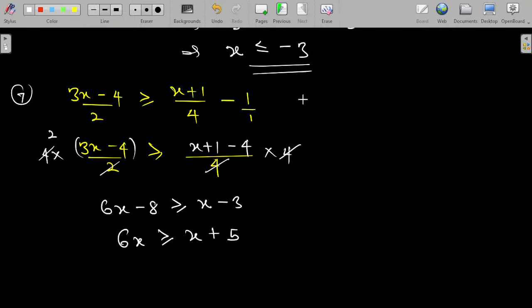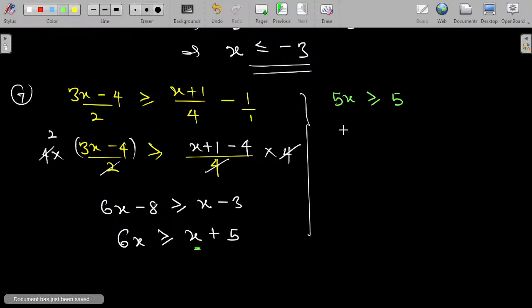Right, so let's try to finish up here. And then here they now said subtract x from both sides so that this one can go. So you have 6x minus x is 5x is greater or equal to, if you remove x here, this will go, so you just have 5.